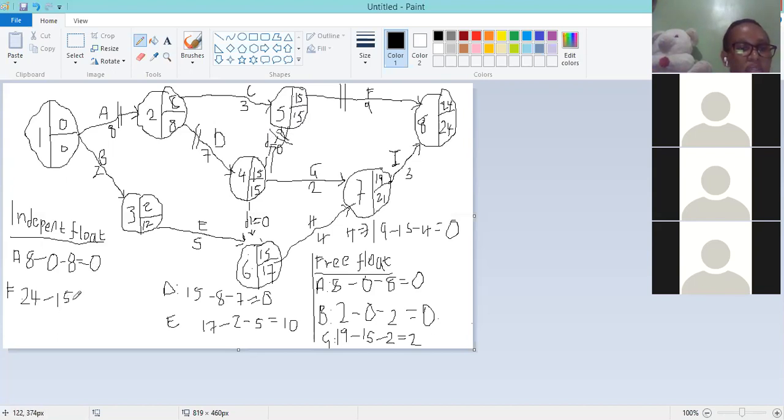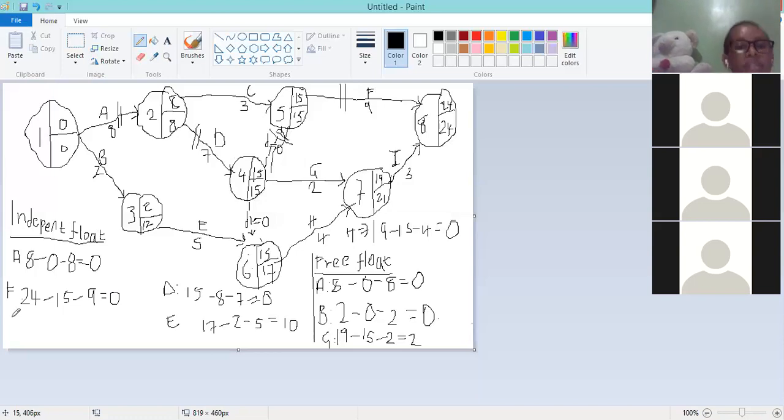And I'll also subtract the duration in question, which is 9. And it will give us, again, a result of 0. Reason, this was a critical activity. No other value is expected because there is no amount of time by which a critical activity can be delayed.